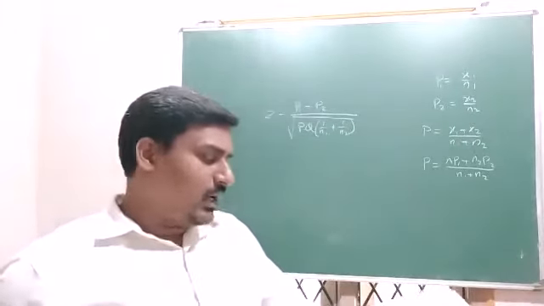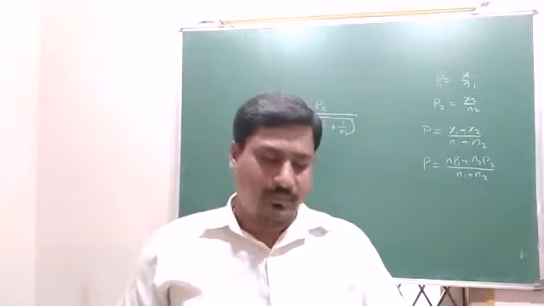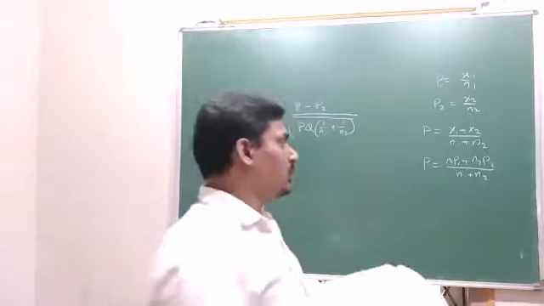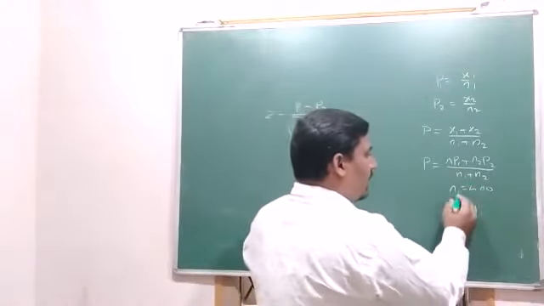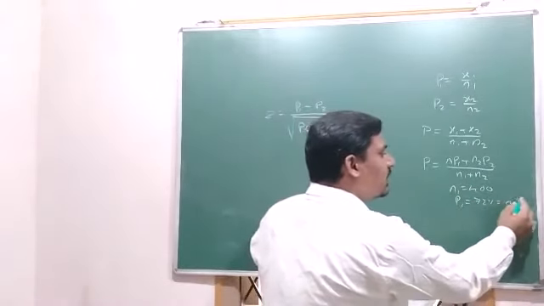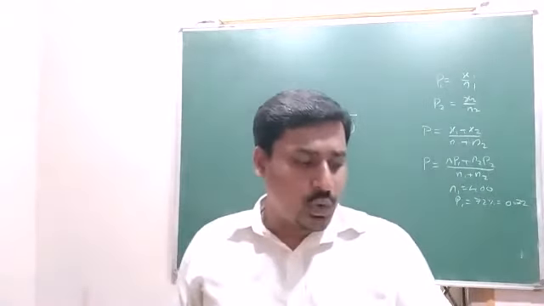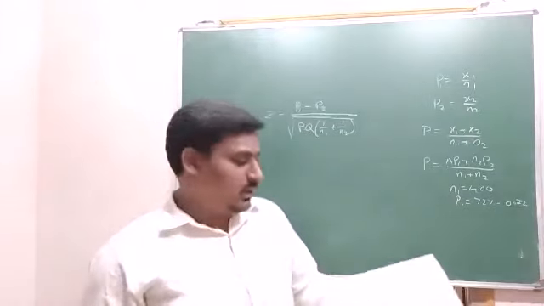It tells: 400 students are randomly selected from college A. 72% of the students passed. So here N1 is equal to 400 and P1 is equal to 72%, that is 0.72. Then 200 students are randomly selected from college B.